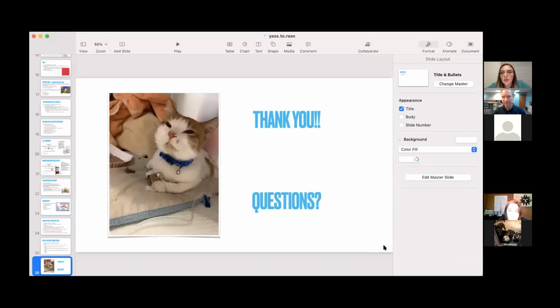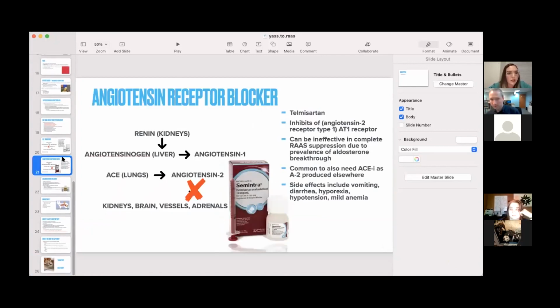Is there a canine telmisartan or just a human prescription drug? So we use the human kind, but it's actually marketed for cats. Semintra. It's actually labeled for cats. It's a liquid telmisartan. But just because it says for cats, we use it for dogs too.